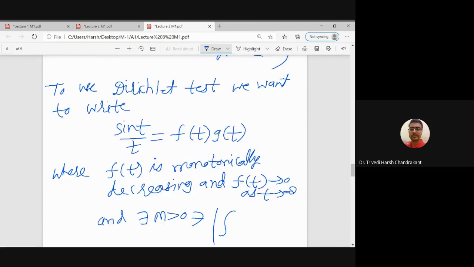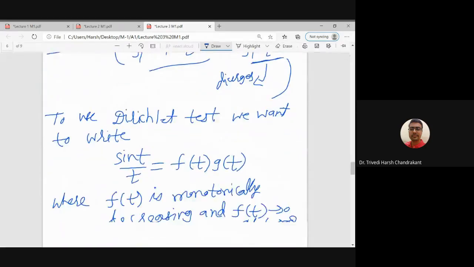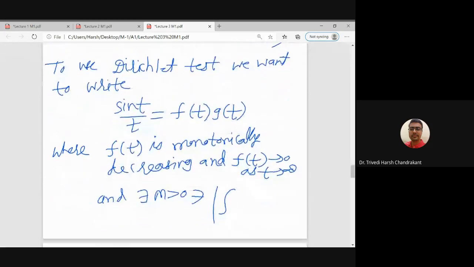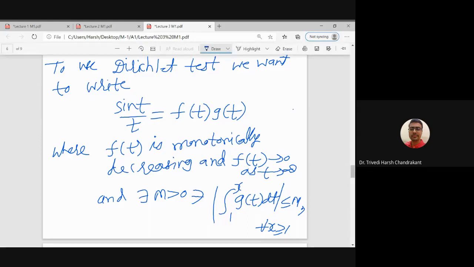So now here we are integrating the function from 1 to infinity. So we need the integral from 1 to x of g(t) dt to be bounded for all x greater than or equal to 1. So basically such a function we want. So can you suggest what function will be this one?